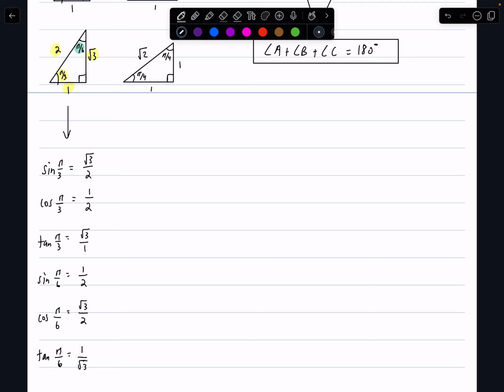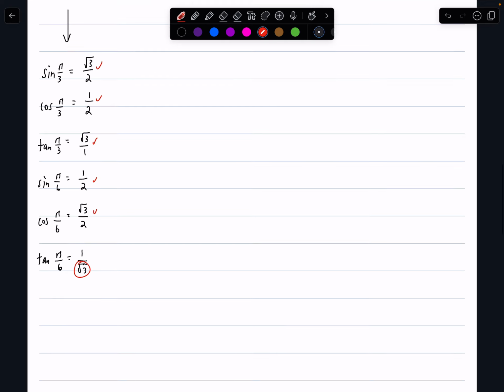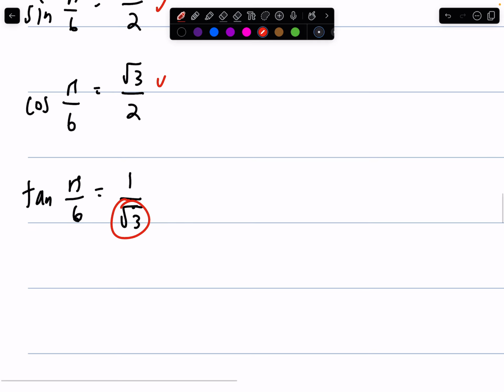Okay, cool. So now what we have to ask ourselves is, are all of these good to go? Are they fully rationalized? If I look at all of these terms, we're good here, we're good here, we're good here. But if you look over at this tan term, you have this root 3 in the denominator. Anytime you have a square root in the denominator, you cannot leave the answer like that. Instead, you have to rationalize the denominator.